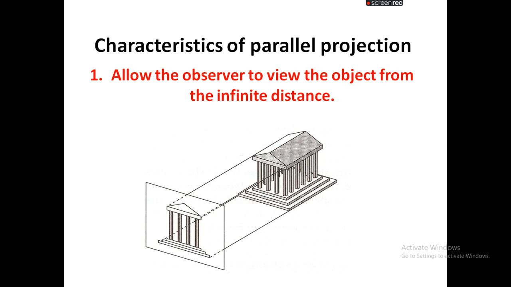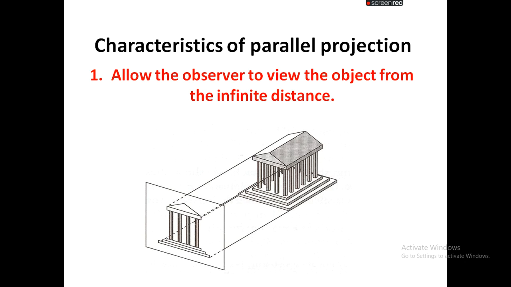Next, what are the characteristics of parallel projections in computer graphics? The first characteristic of parallel projection is that it allows the observer to view the object from an infinite distance.